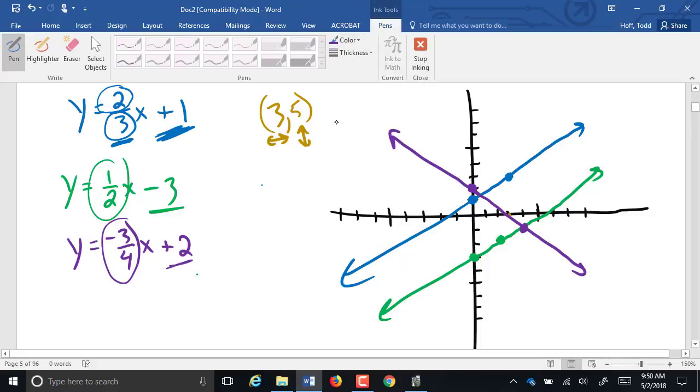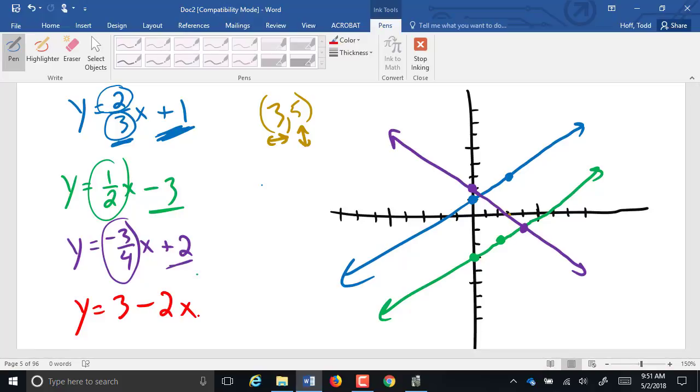Let's change it up just a touch. Where do we start this one? Well, the -2 multiplies the x. That's still the slope. The number that's added or subtracted here is a +3.